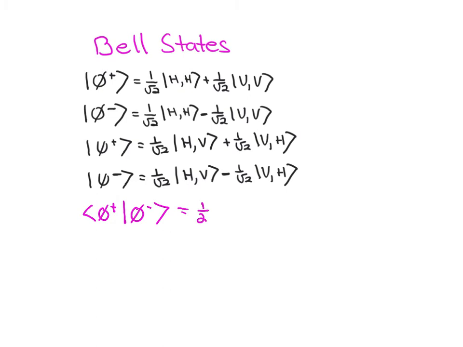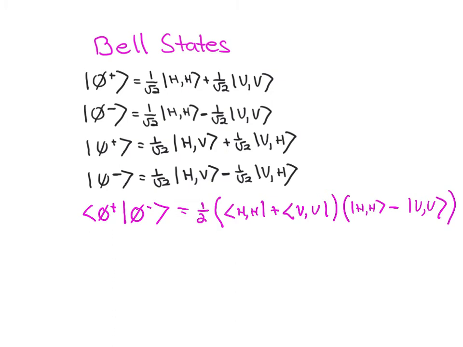Then the phi plus, the bra part, is going to be an H, comma H plus a V, comma V. And then the ket part, whoops, let's go back, these are kets, is going to be H, comma H minus V, comma V, like so.